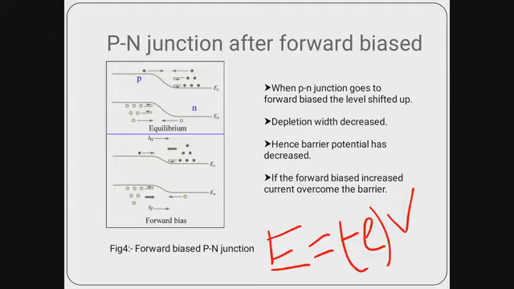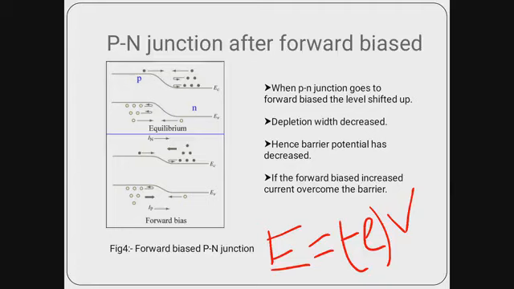So what will happen if this portion is shifted up? Actually, after forward biasing, a large number of holes and electrons are produced at the junction, and they recombine inside the junction and a current flows, which is called the forward current.